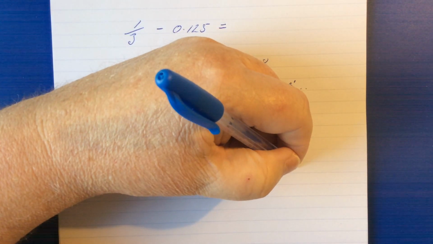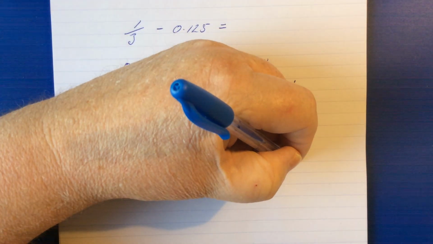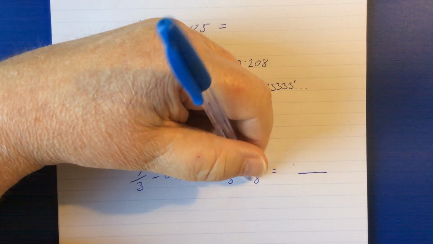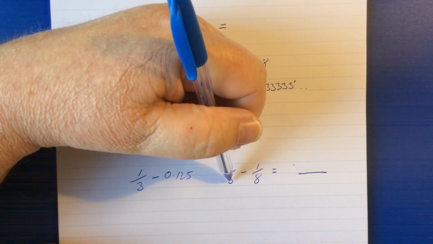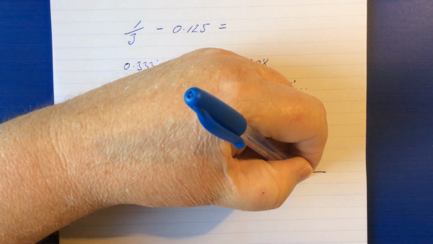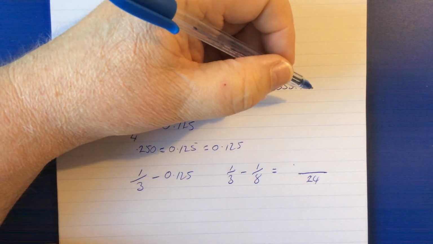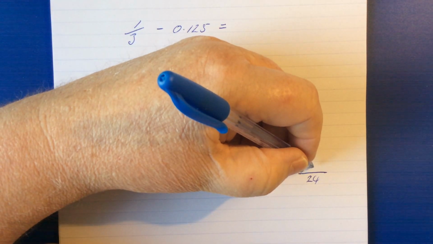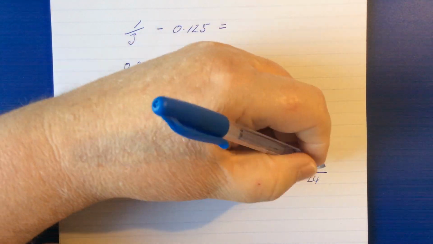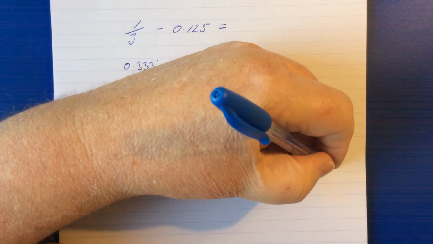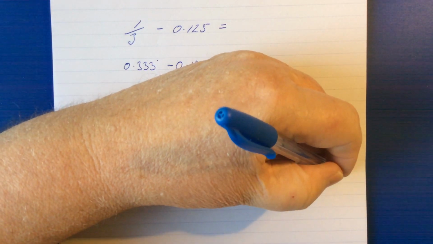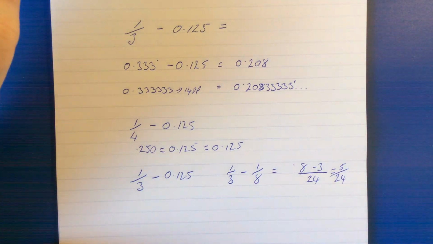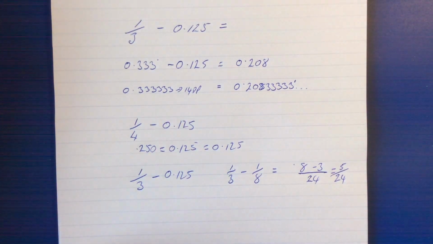Well, let's get our denominator sorted out. The lowest common multiple, 24. 8 ones are 8. 3 ones are 3, and the answer is 5 on 24. Now that's a perfectly accurate answer.